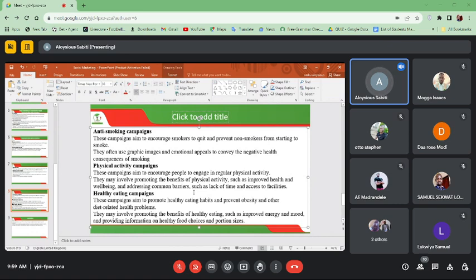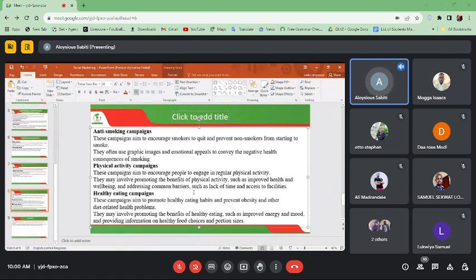Another example of a social marketing activity is physical activity campaigns. And these campaigns aim to encourage people to engage in regular physical activity. They may involve promoting the benefits of physical activity, such as improved health and well-being, and addressing such common barriers as lack of time and access to facilities.